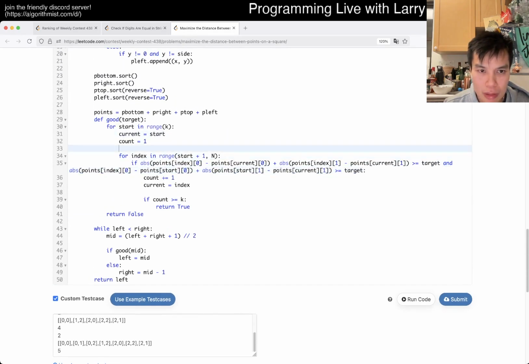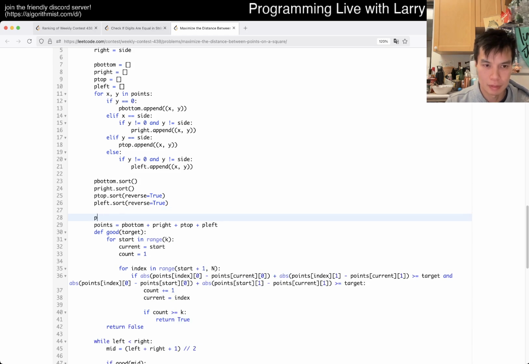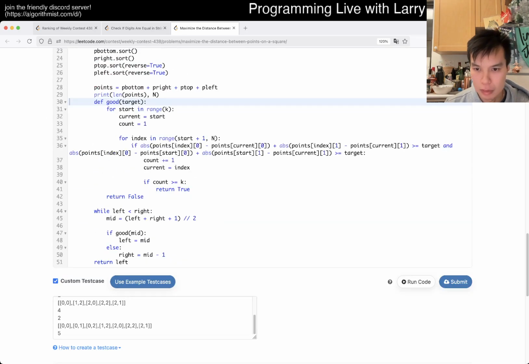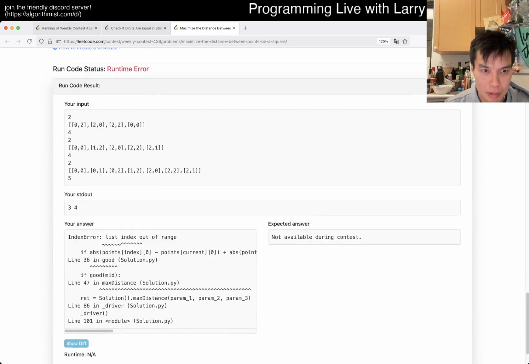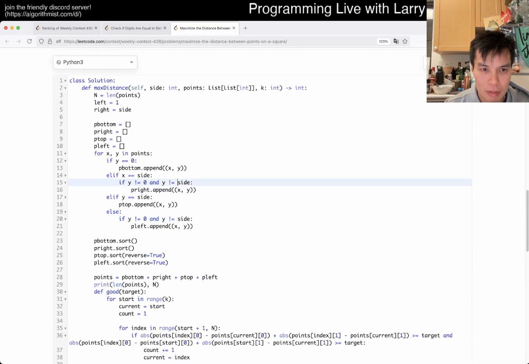Index, what am I doing wrong? Did I mess something up? This is very weird actually, so that is wrong. That means that I didn't count one of these.